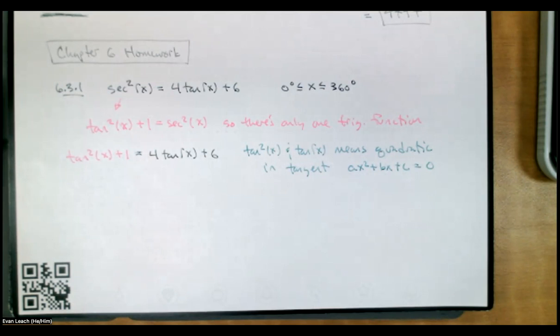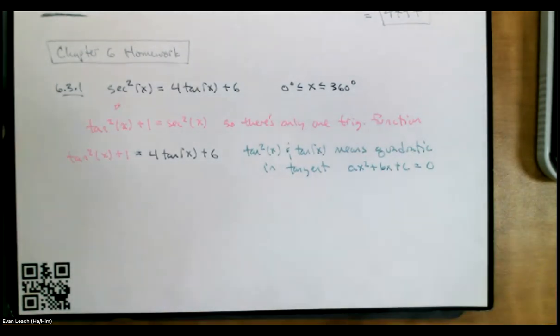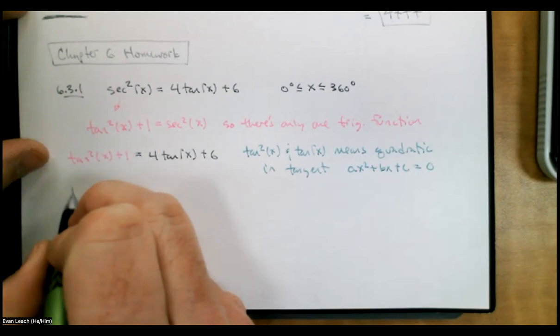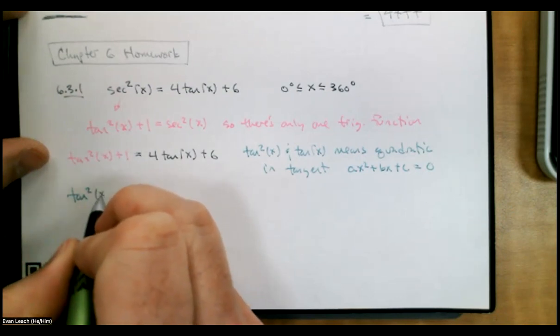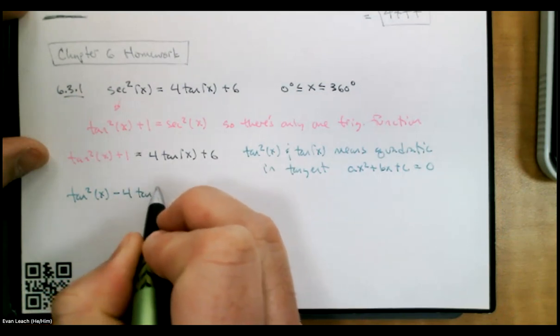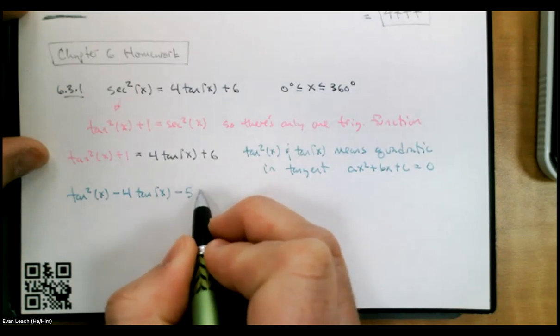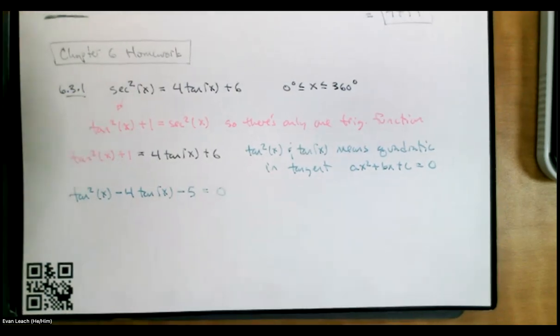Our strategy for dealing with quadratic equations, when there's a squared term and a first power term, is to get everything on one side equal to 0. So I'm going to write tangent squared minus 4 tangent, 1 minus 6 is minus 5, equals 0.